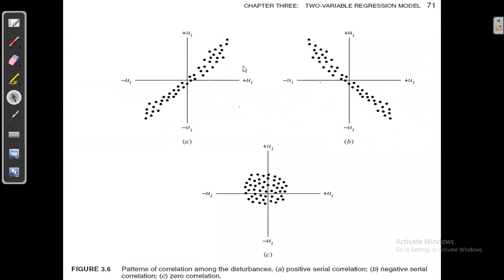Okay, this is just a graphical way of saying that thing. This last figure is telling you that there is no correlation between two different values of the disturbance term, while the first figure is telling you that there is a linear positive correlation, and the second figure is telling you that there is a linear negative correlation. For the time being, consider different values of a disturbance term and see whether there is correlation or no correlation.